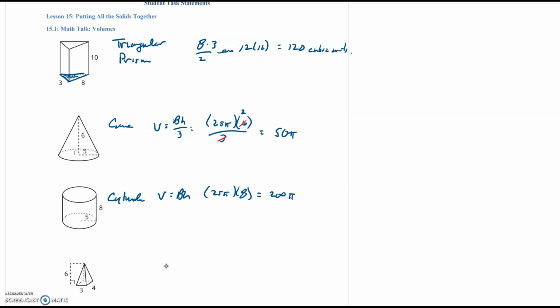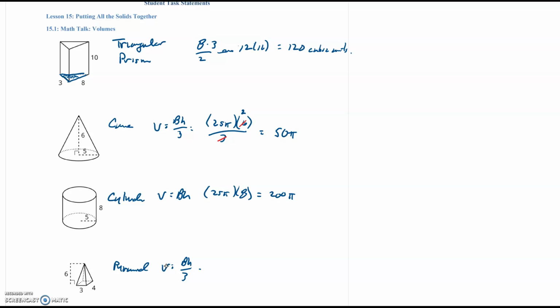Last one is a pyramid. And I know that the volume of a pyramid is the base times the height divided by 3 again. The area of the base here is a rectangle, and that is 12, and the height is 6.